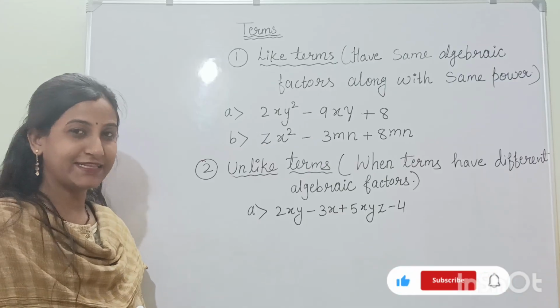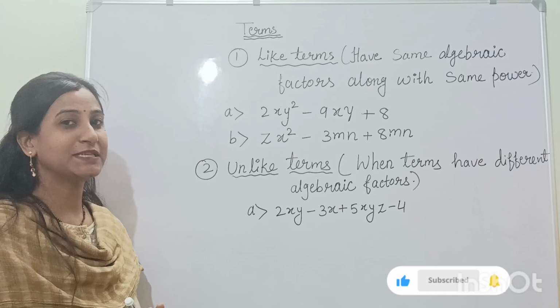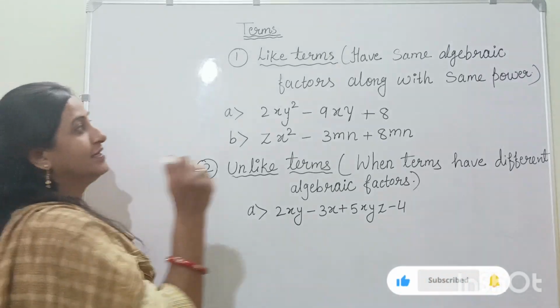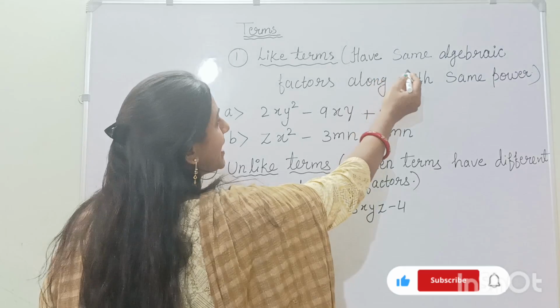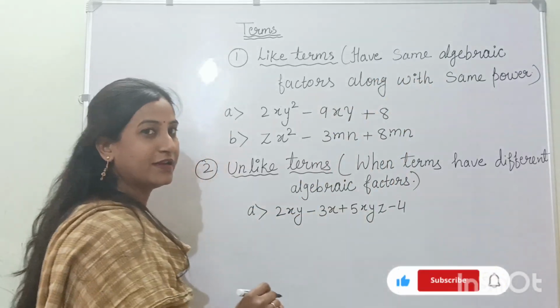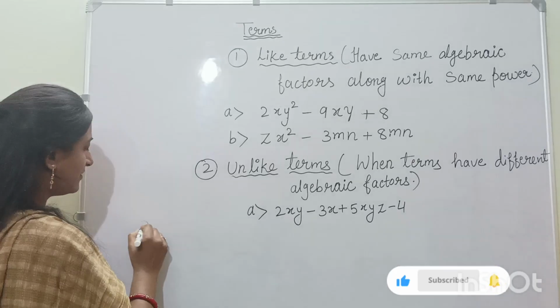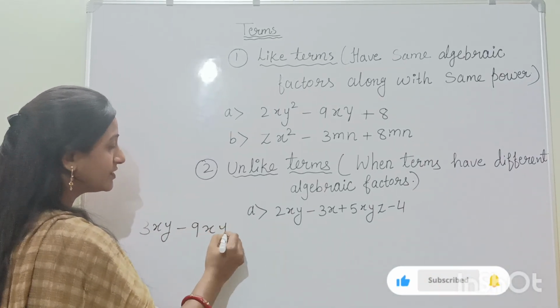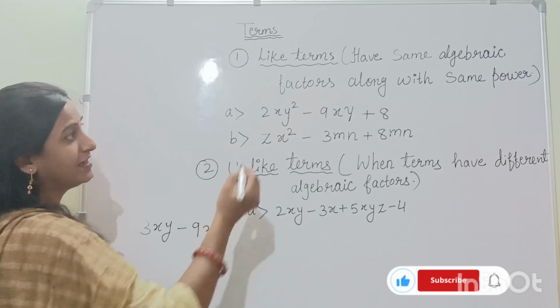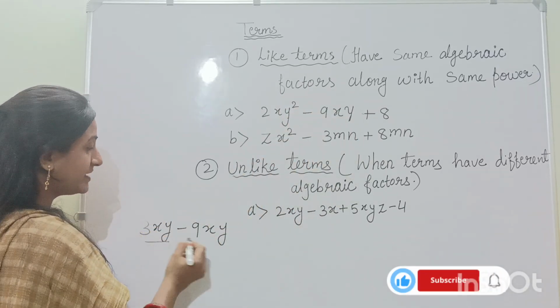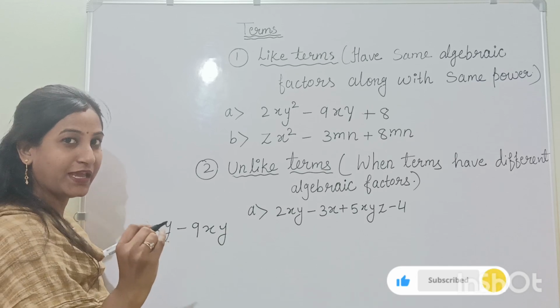Now we will see the next topic, terms. Terms are like or unlike. How do we identify whether terms are like or unlike? Like terms have the same algebraic factors along with the same power. Suppose we have 3xy minus 9xy. As the definition says, they have the same algebraic factors.